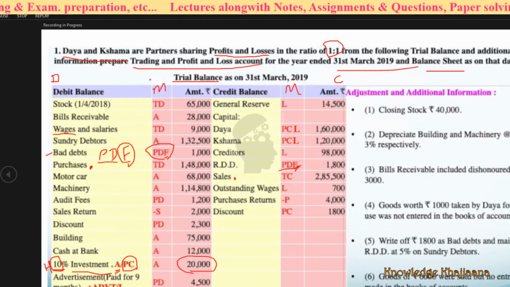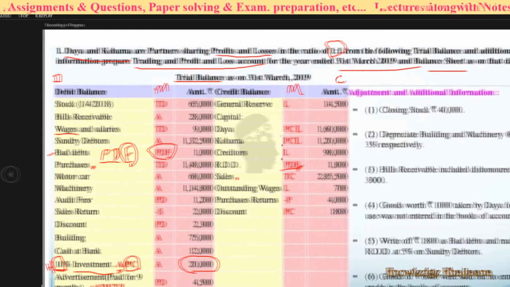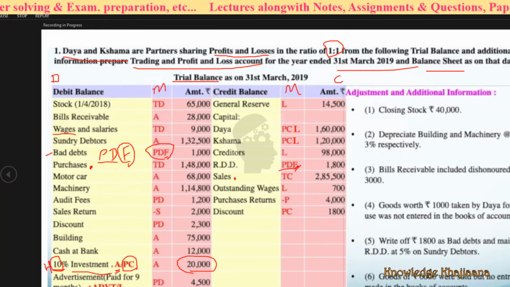Always remember one thing: whatever is given on the debit side of trial balance will be either trading account debit side, profit and loss account debit side, or asset. If it is given on the credit side of trial balance, it would be either liability, profit and loss account credit side, or trading account credit side.